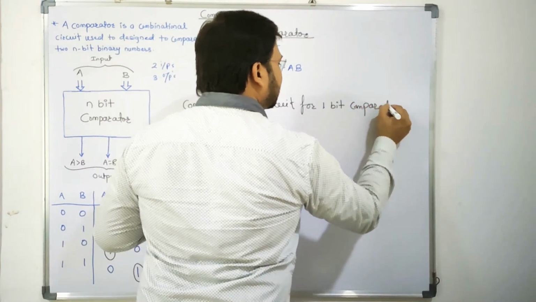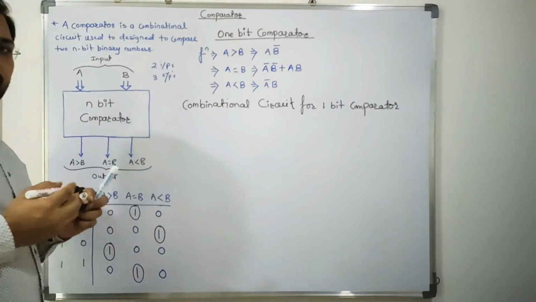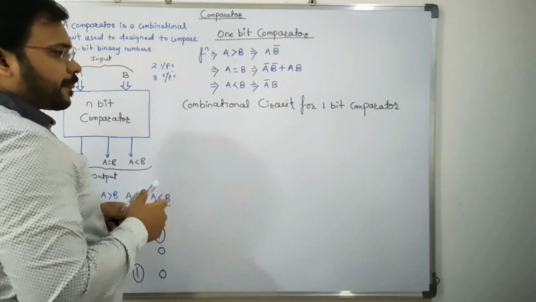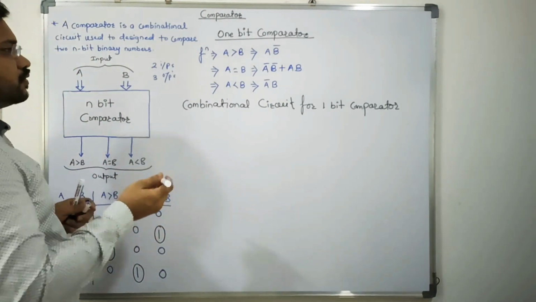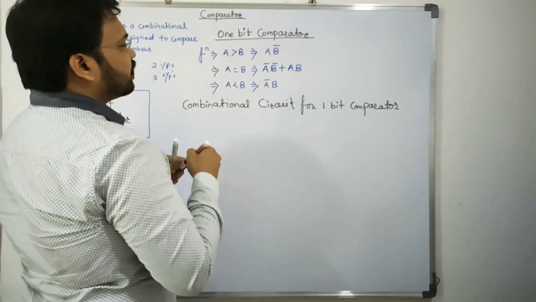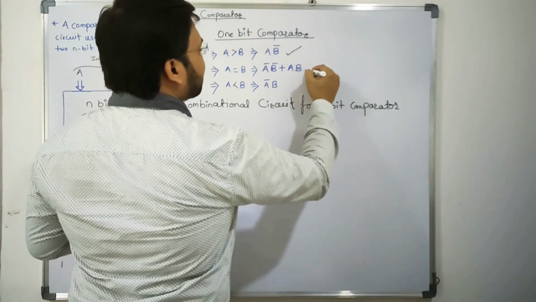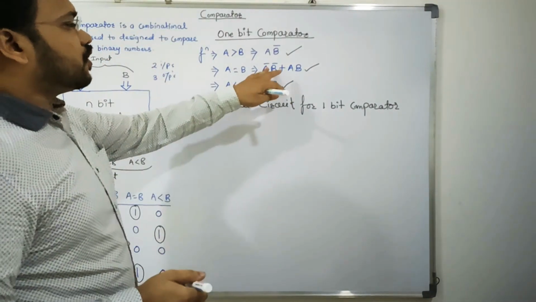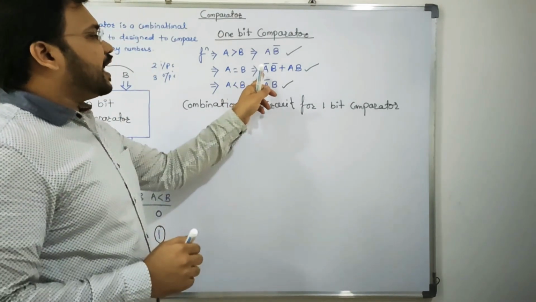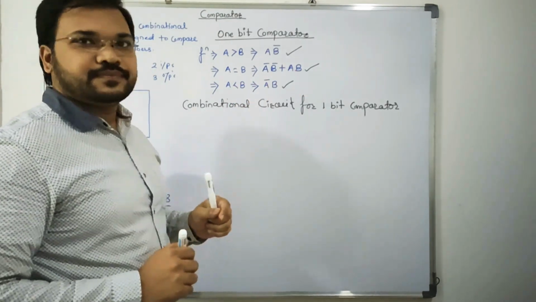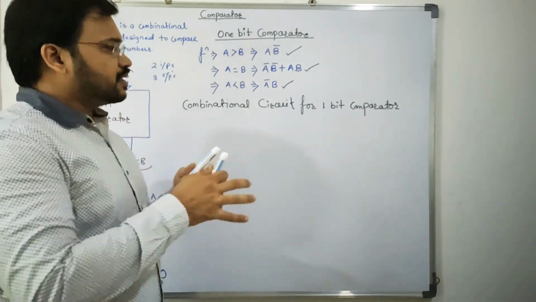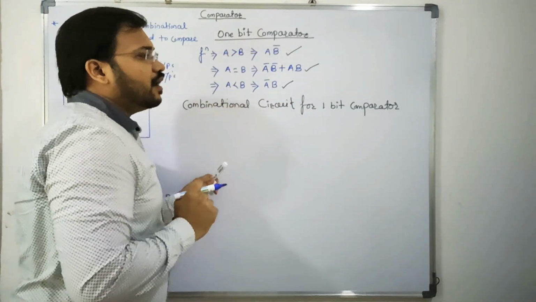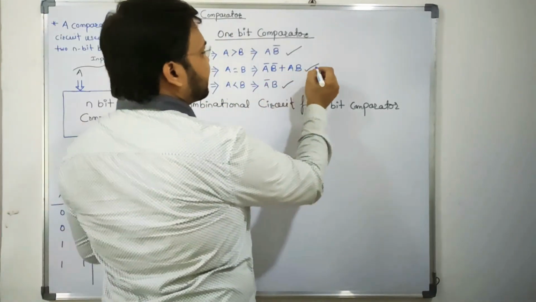Looking at the equations, A bar B bar plus A B can be modified, because it is the standard XNOR equation.